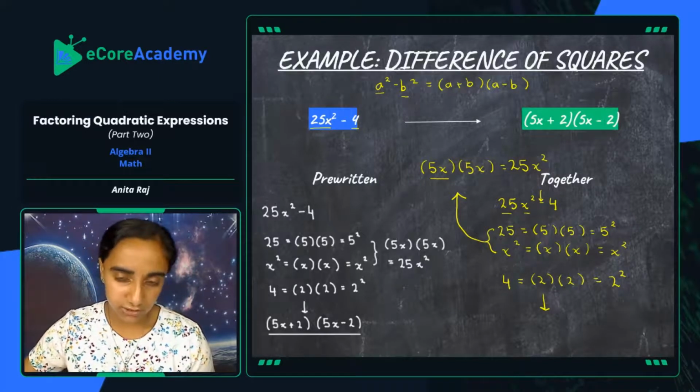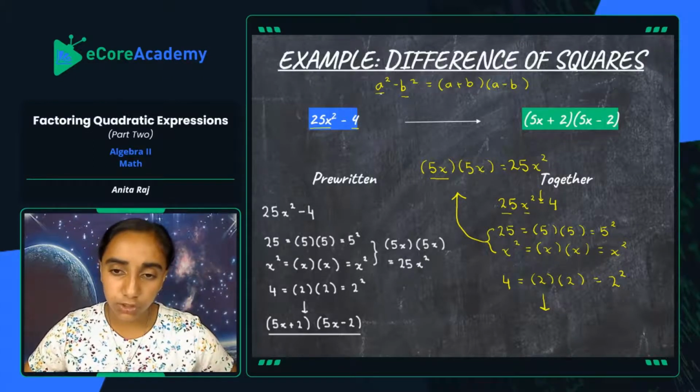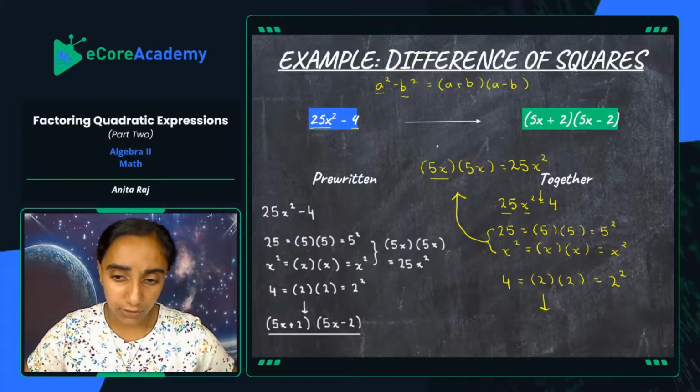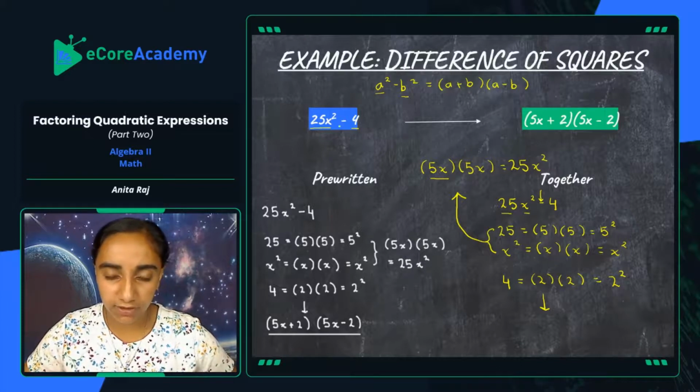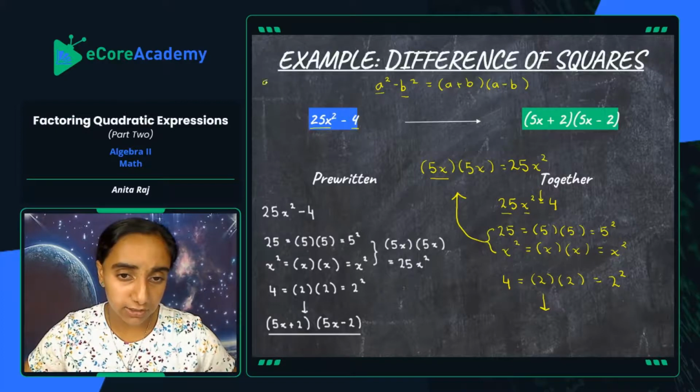So in this case, you see that this is a squared minus b squared. If you're trying to apply it directly to this 25x squared minus 4, you might think that the a value is equal to 25x squared, and that the b value is equal to 4.